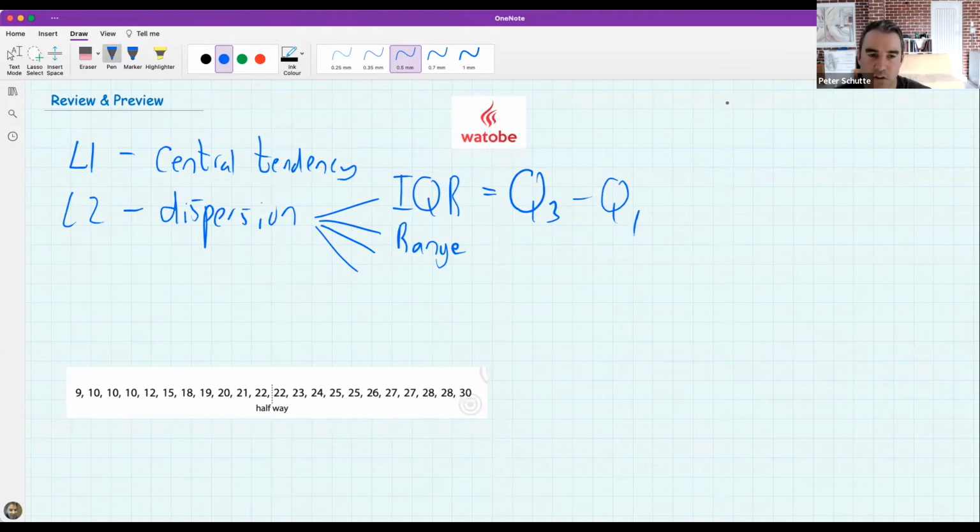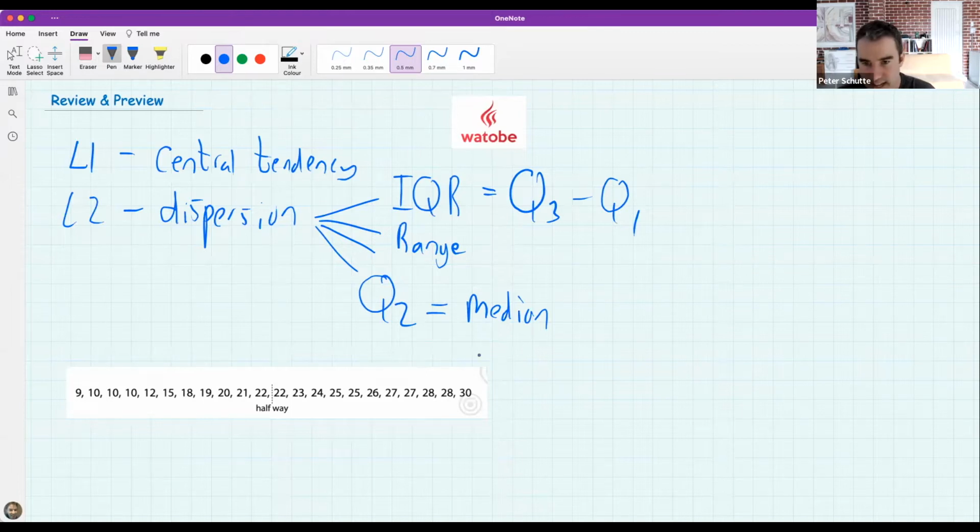In the case of the interquartile range, it was Q3 minus Q1. We also spoke about Q2, and Q2, the second quartile, is the same as the median. So those were the main ideas that we dealt with, making sure that we knew how to work out what quartiles were, what range was, etc.